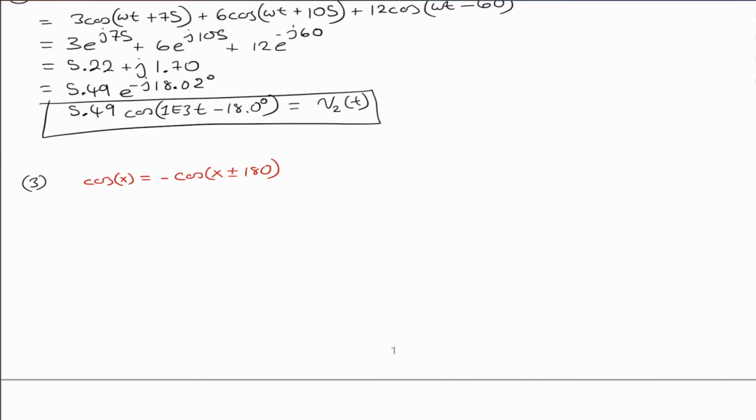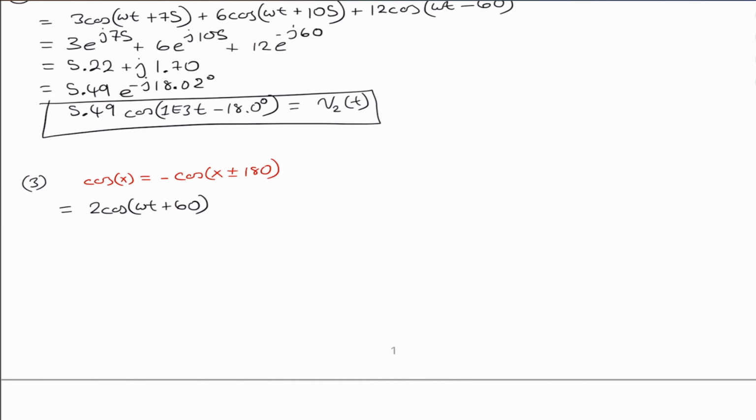So that means V3 of t is going to then simplify. So we keep the first term in the expression, 2 cosine, and let's replace 377 times t as omega t and a positive 60 angle.